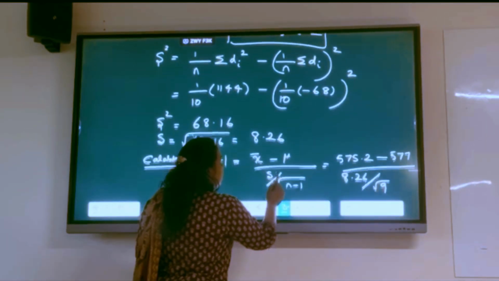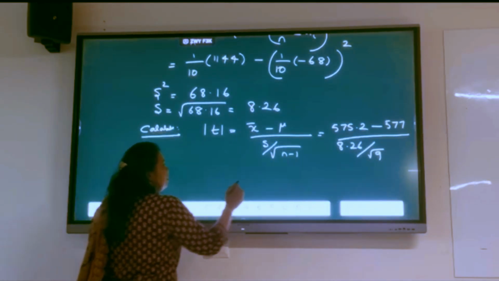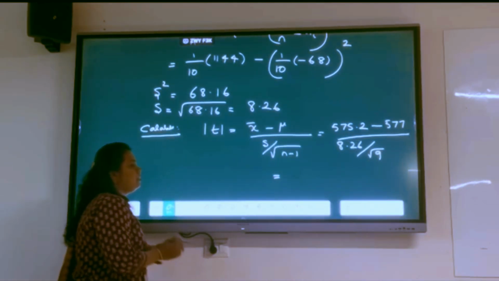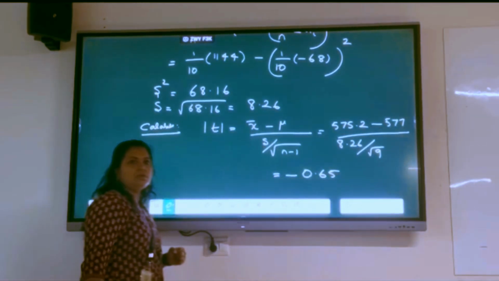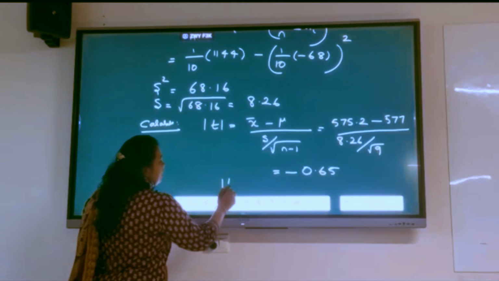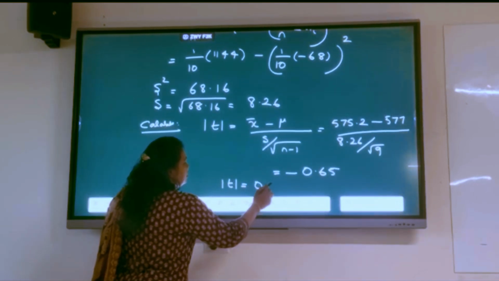When you calculate this, you get minus 0.65. Since it is a two-tailed test, we take mod t as 0.65.